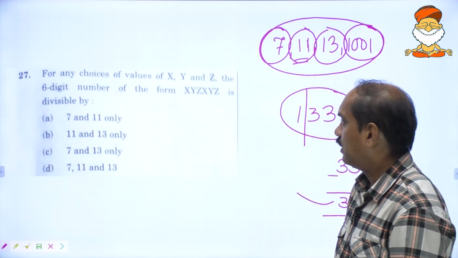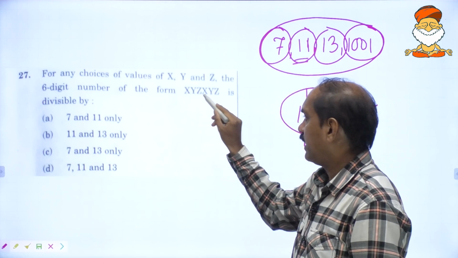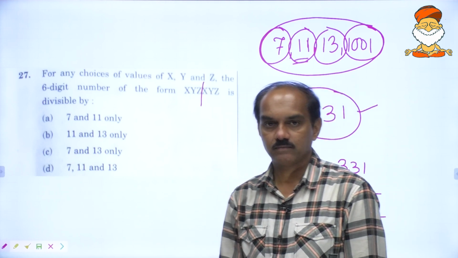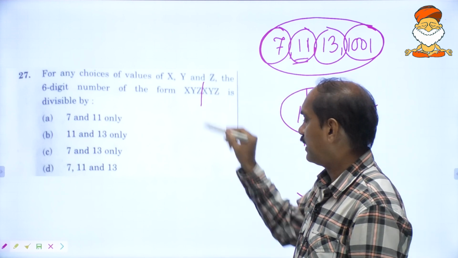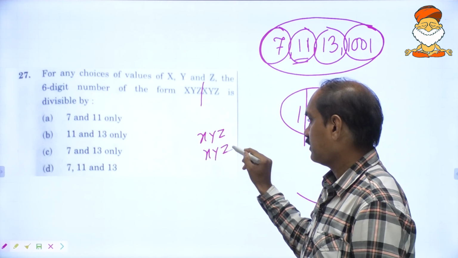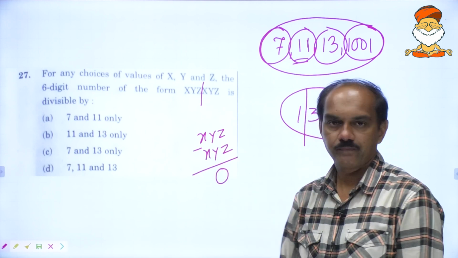Okay, so here xyzxyz, meaning from the right hand side, group xyz, the difference is 0.